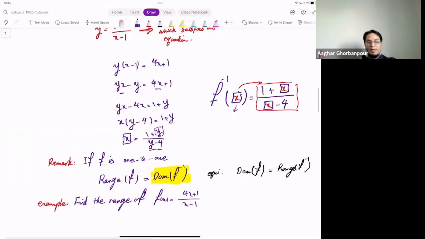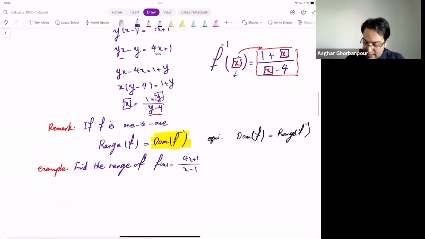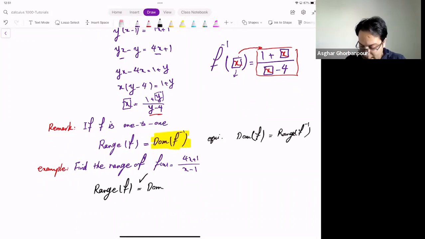There might be different ways of doing this, but since we have the inverse of this function, we know that the range of this function f, which we are interested in, is going to be the same thing as the domain of its inverse. This is the fact that I'm using.